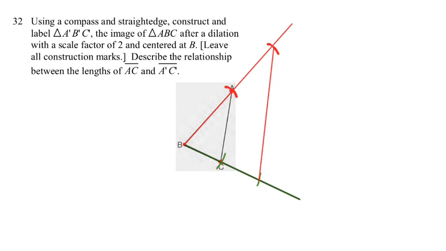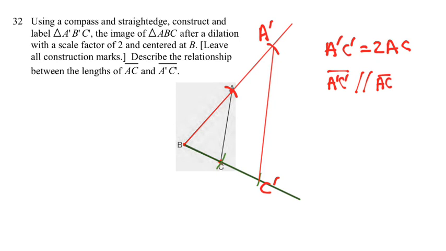And then when you connect the longer side, we get to realize that that must be A prime, B prime, C prime. Now we realize that the length will be double, but the line segments will be parallel. And you can see the same thing from similar triangles as well.